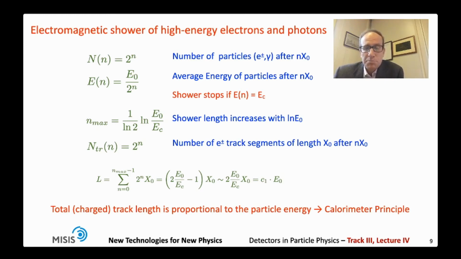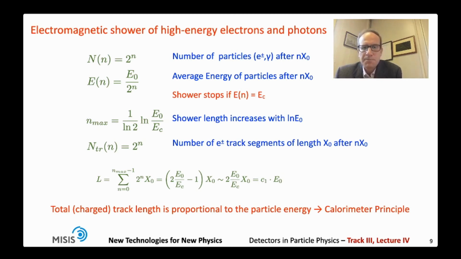This process is called shower development because you see from the diagram that I have shown before that this is really a shower. It develops like a tree. You have the different branches, and at every step it multiplies by 2 the number of particles.